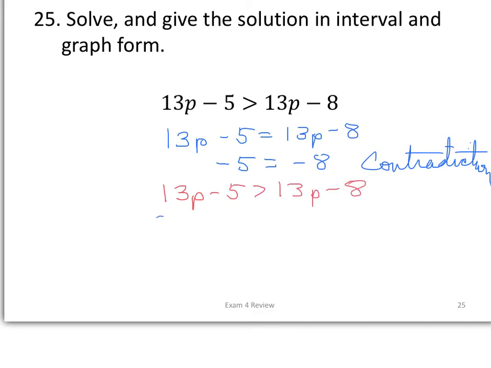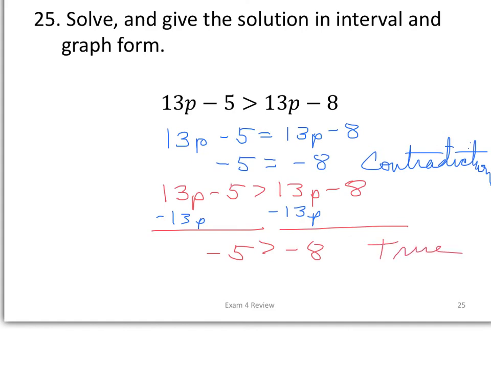Subtract the 13p's, and you get minus 5 is greater than minus 8. And that's a true statement. So that means that every value of p will work for this.